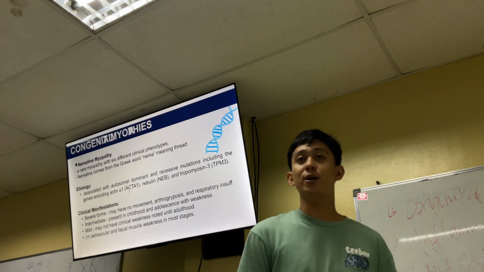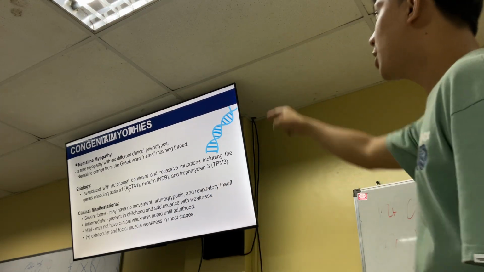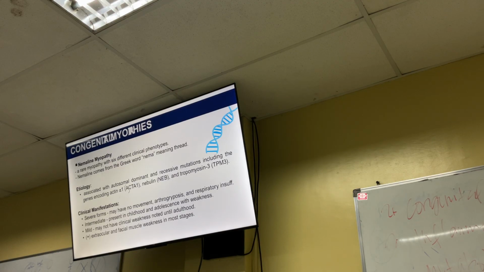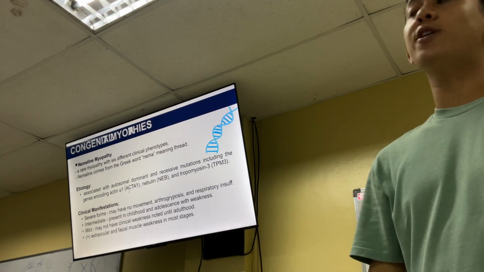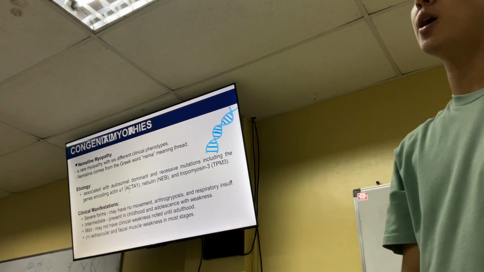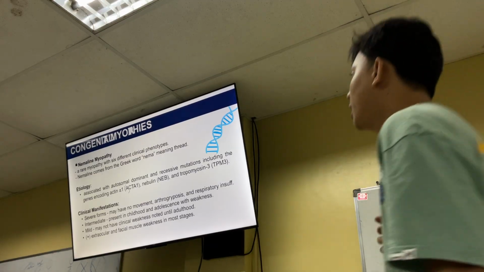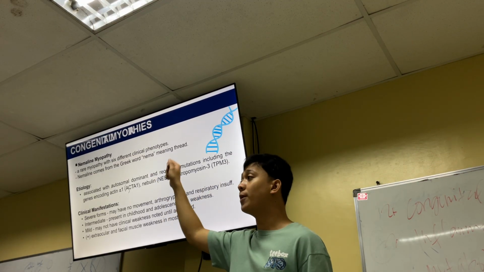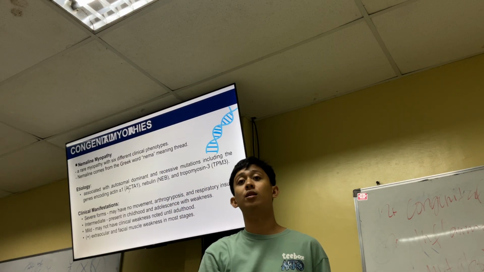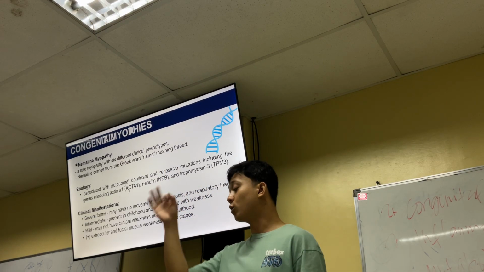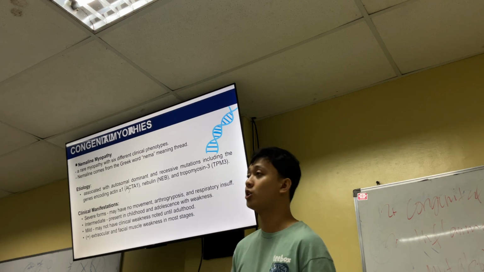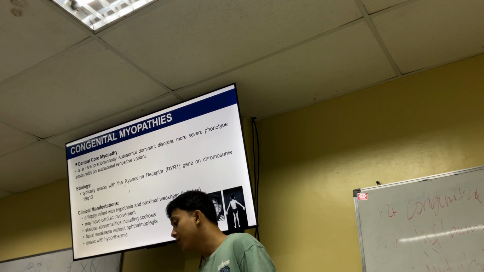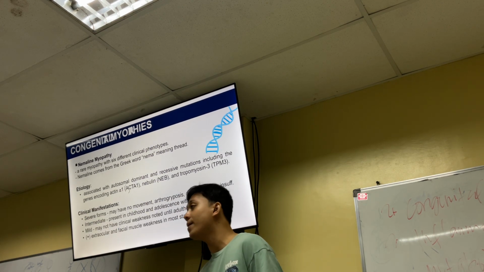Okay, your nemaline myopathy is a rare myopathy with 6 different clinical phenotypes. There are 6 different clinical phenotypes, but I won't include them here, since it was only included as part of congenital myopathies and each was not mentioned. I just added the 3, which is central core followed by your nemaline myopathy.